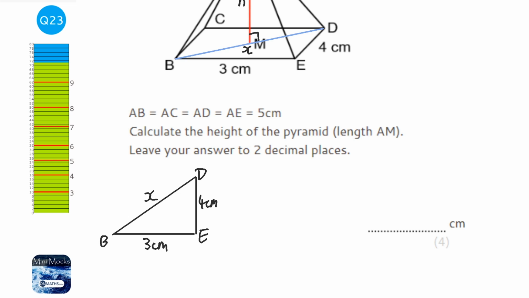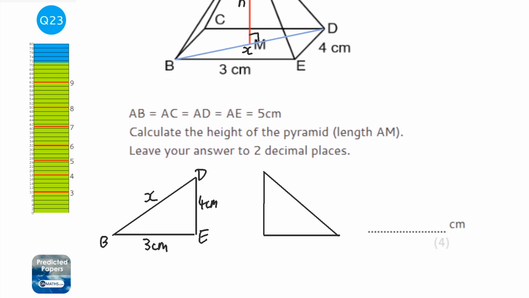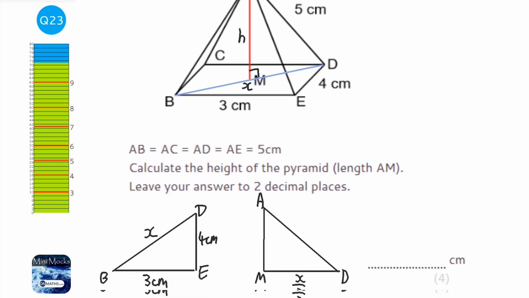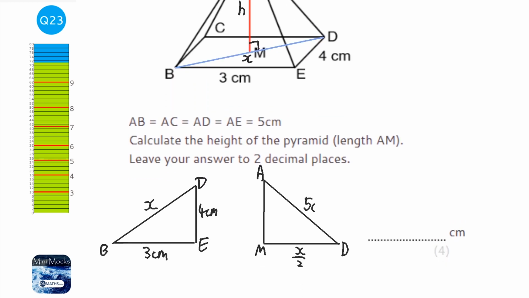And then we're going to work out what the height is. So it's A at the top, is it? Yeah. So it's A, M, D. Now we know this one at the bottom is going to be half of x. And we know at the top it's 5 centimeters, and this one we just call h.